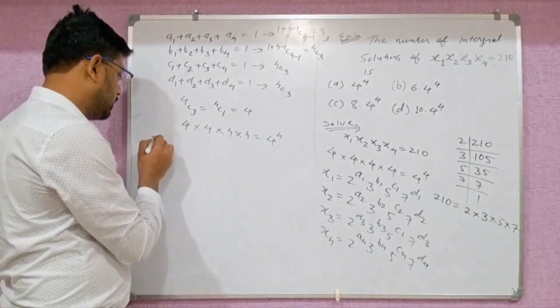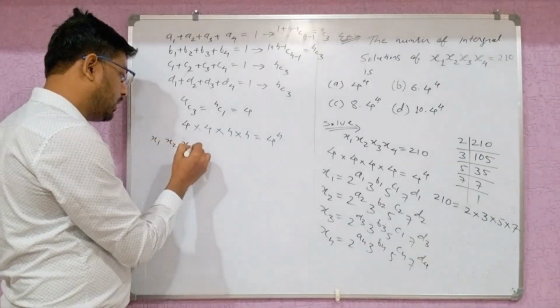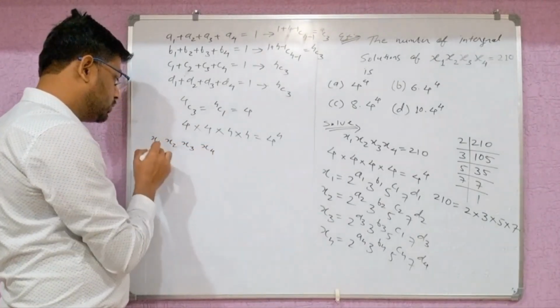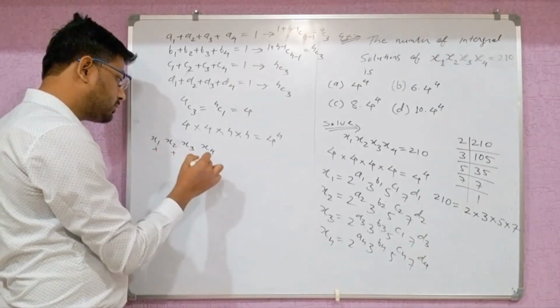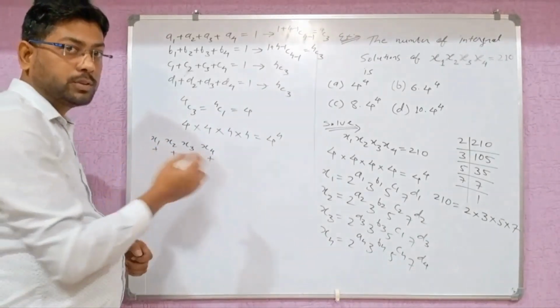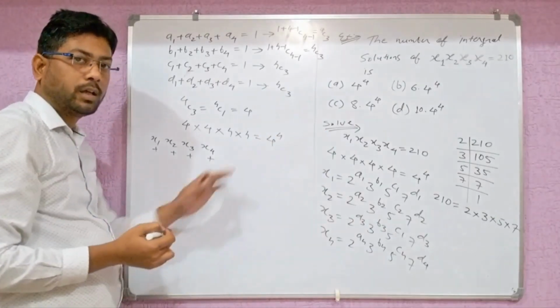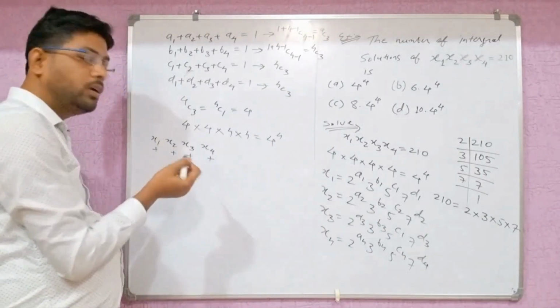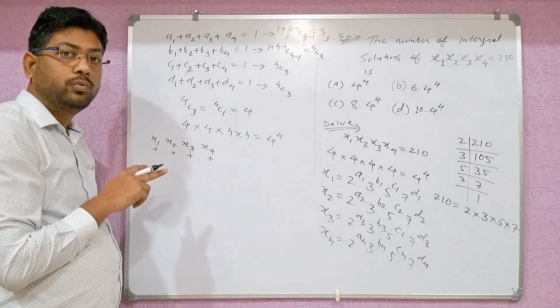So x1, x2, x3, x4. If all these 4 are positive, then we will get a positive number, that is 210. Or any 2 will be negative.